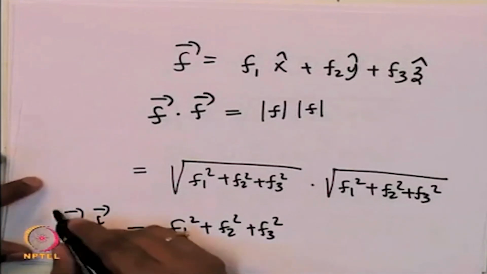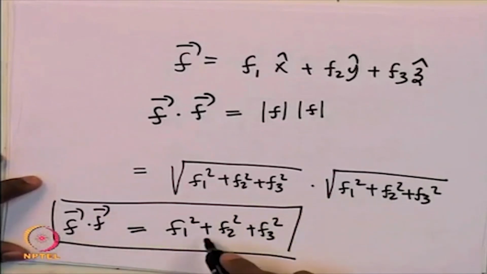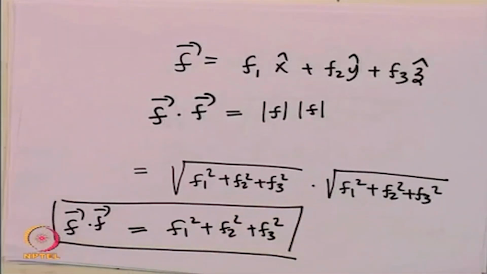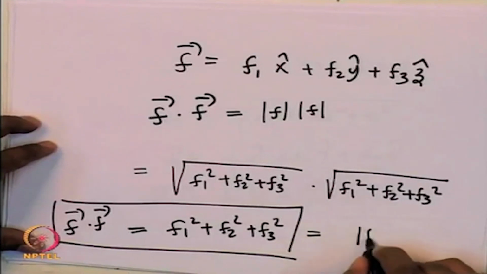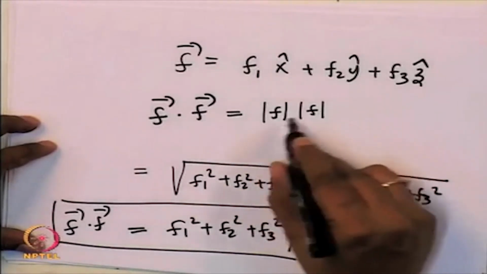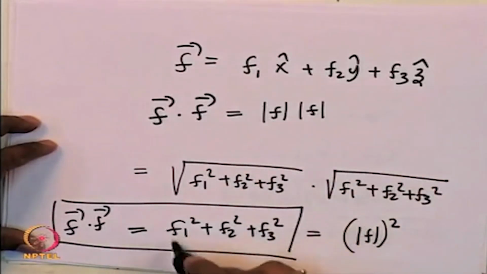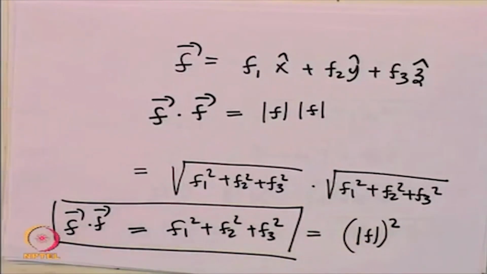This is an interesting result that will be useful. This is how you find the square of a vector. When you say f square, or the square of any vector, you will have this particular form. This is nothing but mod f square, mod f into mod f. You know mod f is the square root of f 1 square plus f 2 square, and the square of this is this.